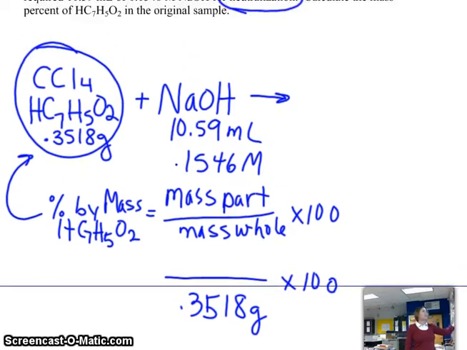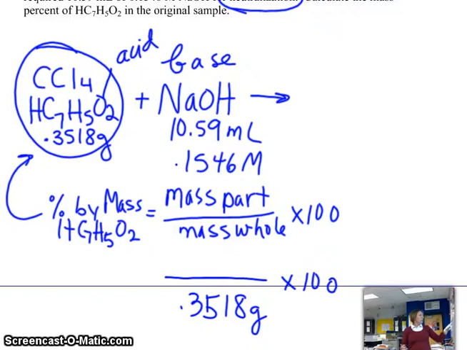So what you need to recognize is what reaction is going to happen when you add the NaOH to this mixture? Well, this is a base. And so when you add a base to a mixture, it will react with the acid. It's not going to react with the CCl4.